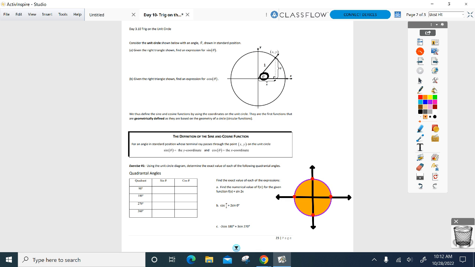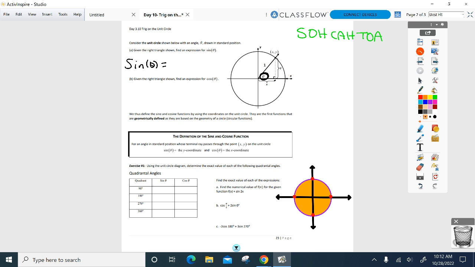The first question is: find the expression for sine of that angle, sine theta. We're going to use that right triangle to find what sine theta is equal to, by going back to a couple of days ago when we used SOHCAHTOA.